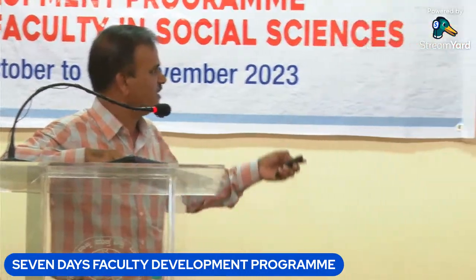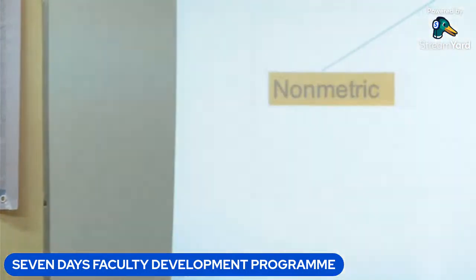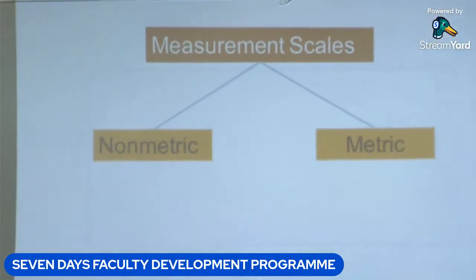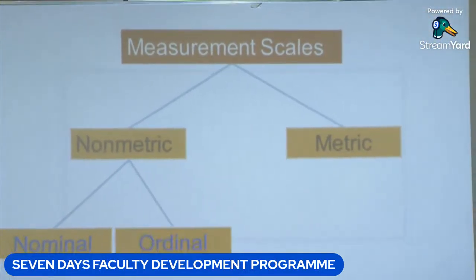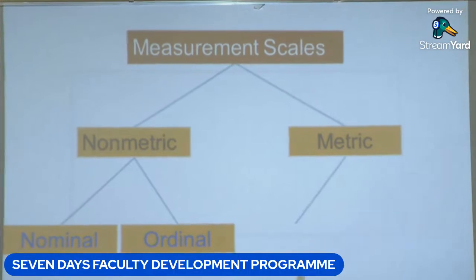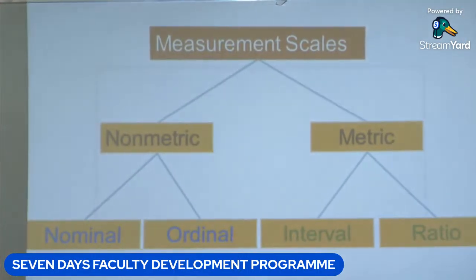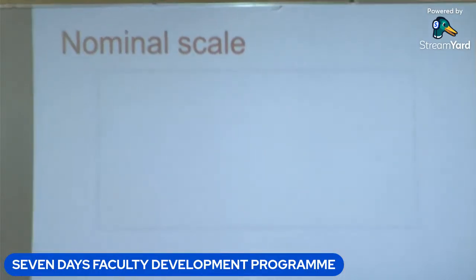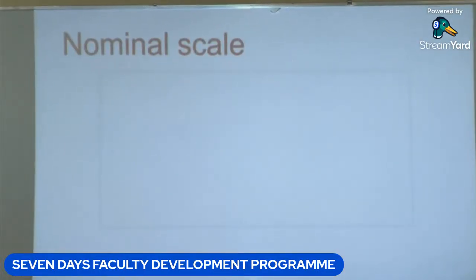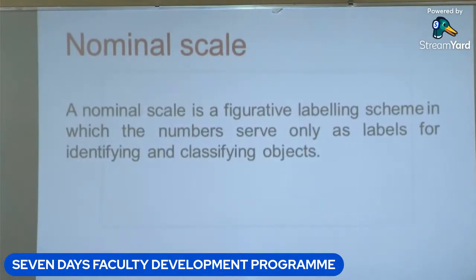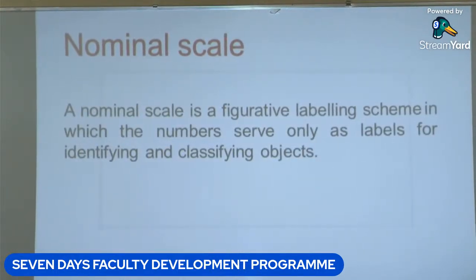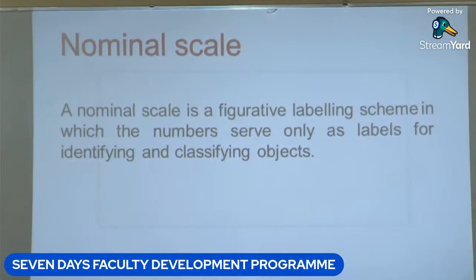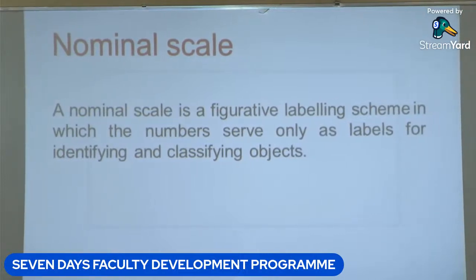If we have a brief discussion on this, the first two are non-metric, and the last two, interval and ratio scales, are the metric measurements. If you take the first, the nominal scale, the name itself indicates it is nominal in nature, figurative in labeling the objects or the attributes of the respondents.